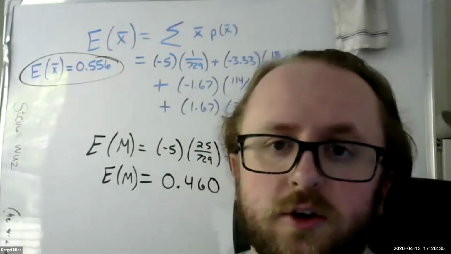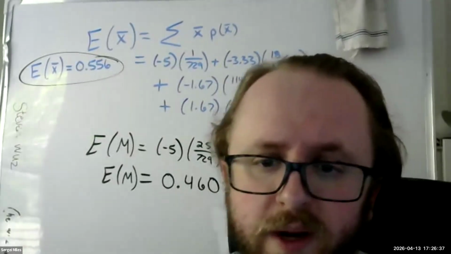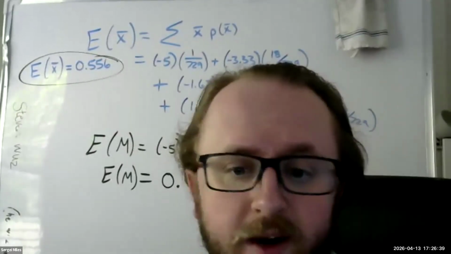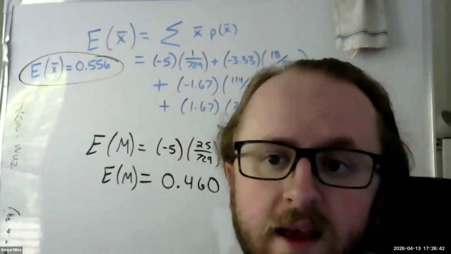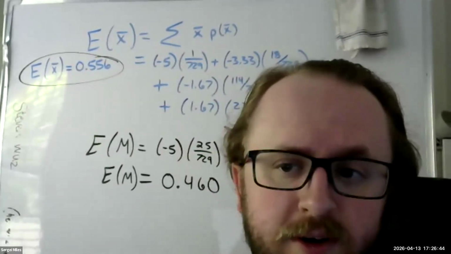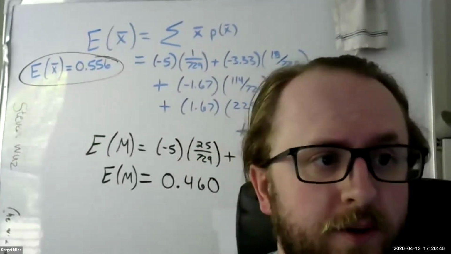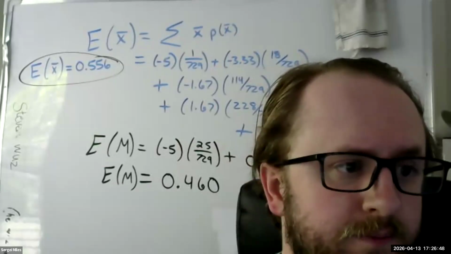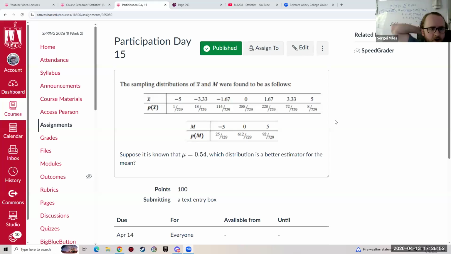Okay? So we go back to the question. How do we answer then? Which distribution is a better estimator for the mean? The X bar sampling distribution is the better one. All right. So if I share my screen again here. For X bar, obviously you don't have a button on the keyboard which is X with a bar over it, but it's okay just to type into the answer.